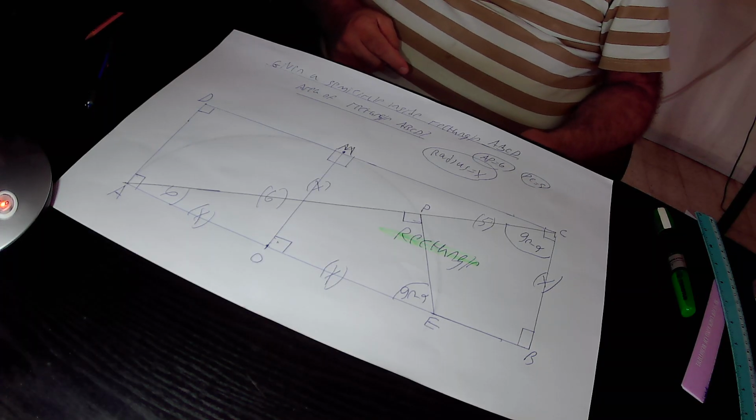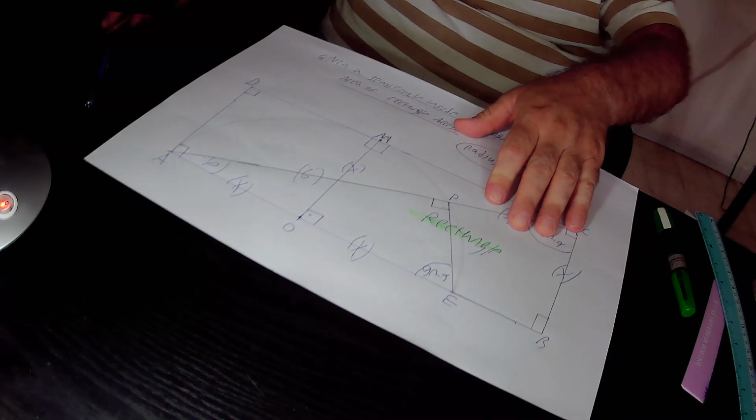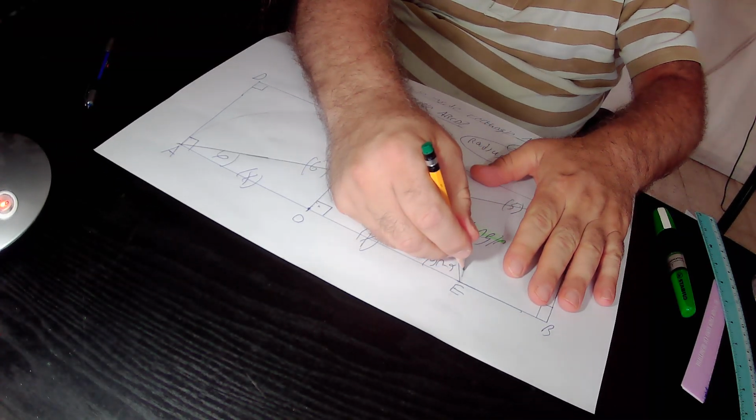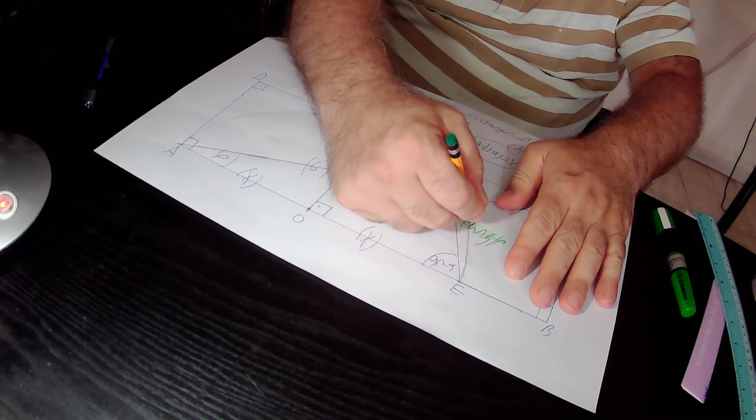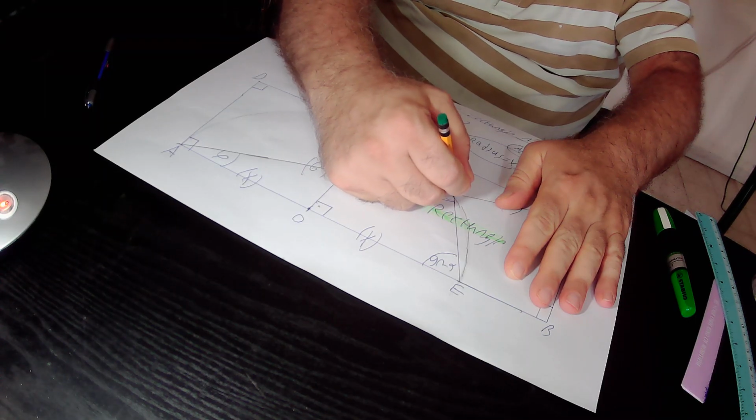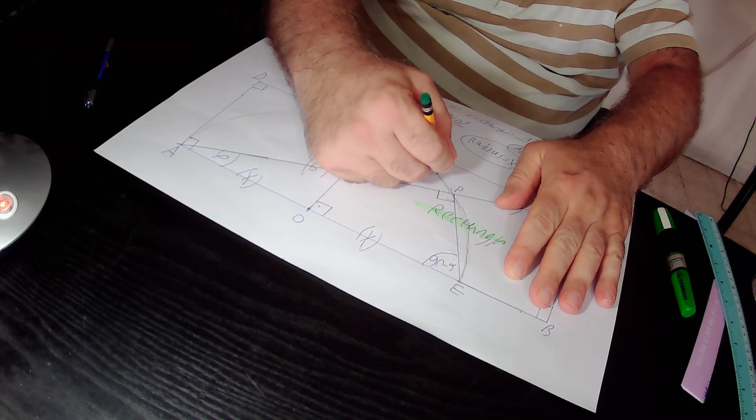And in addition, we know that this is the big semicircle that we have inside rectangle ABCD.